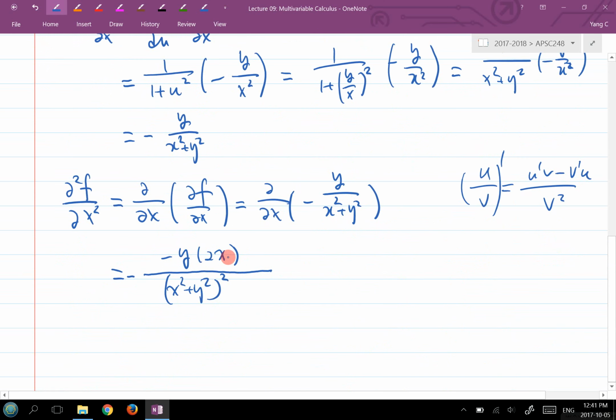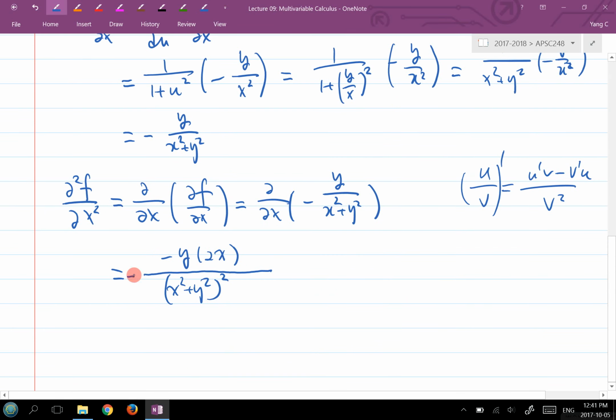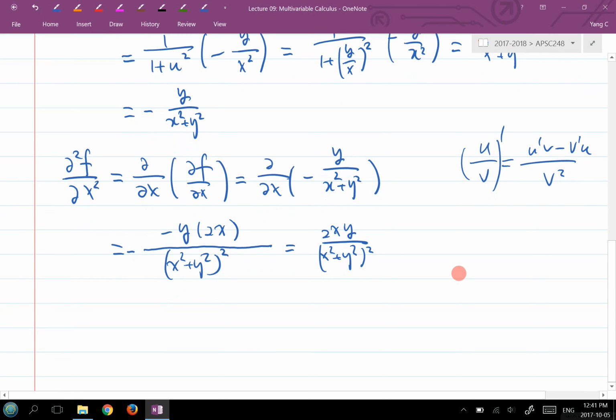So finally, you can simplify: negative and negative cancel each other. You get 2xy over x squared plus y squared, squared. So this process needs you to be very careful. Which is a constant? Which is a variable? What variable are you taking the partial derivative with respect to? So that's what you get for the second order partial derivative.